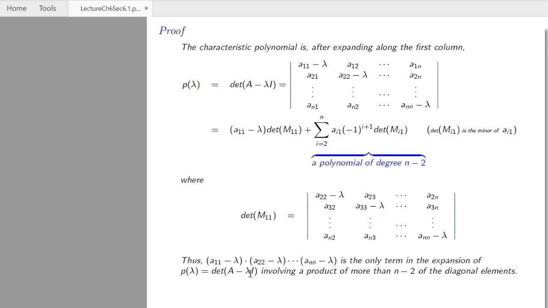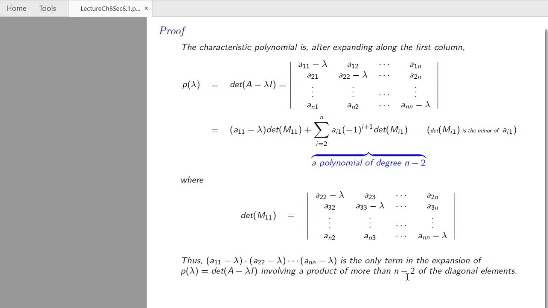So only this form is the term in the expansion that has power more than n minus 2.